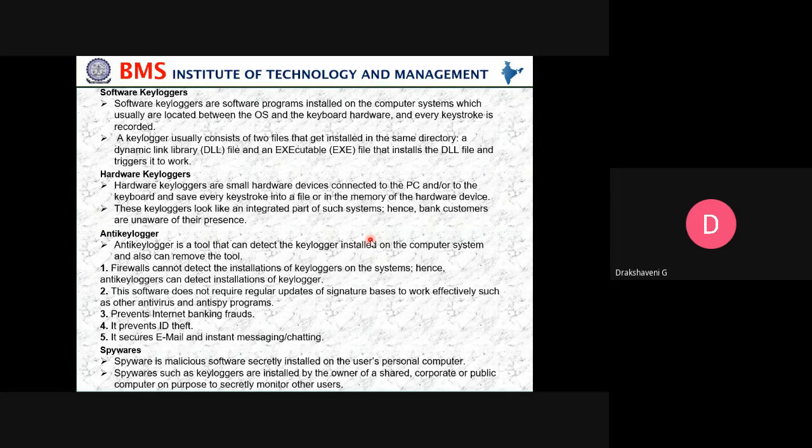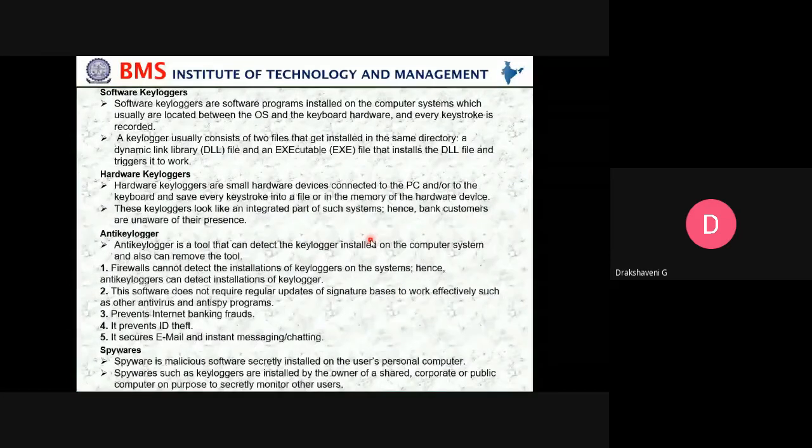Hardware keyloggers are small hardware devices connected to the PC or to a keyboard that save every keystroke into a file or in the memory of the hardware device. These keyloggers look like an integrated part of the system. Hence, bank customers are unaware of their presence.